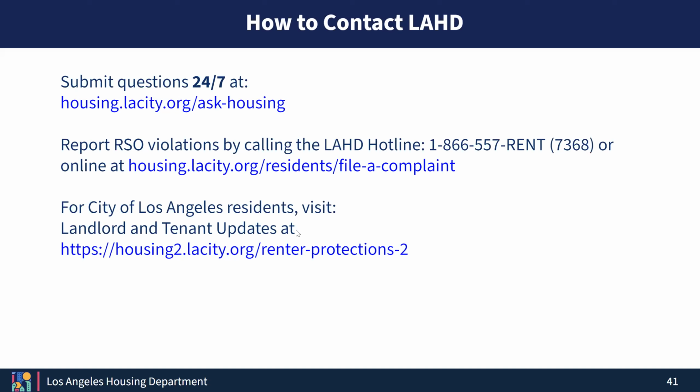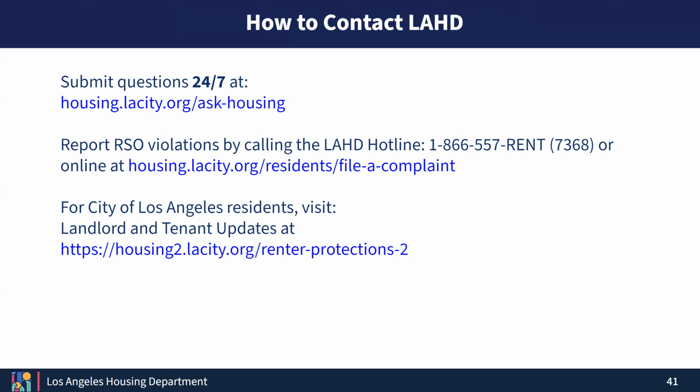If you have follow-up questions on the topic of today, you may submit a question via our Ask Housing app at any time by going to housing.lacity.org/ask-housing. A tenant could also file a complaint with our department by calling our hotline at 866-557-7368 or filing a complaint online.